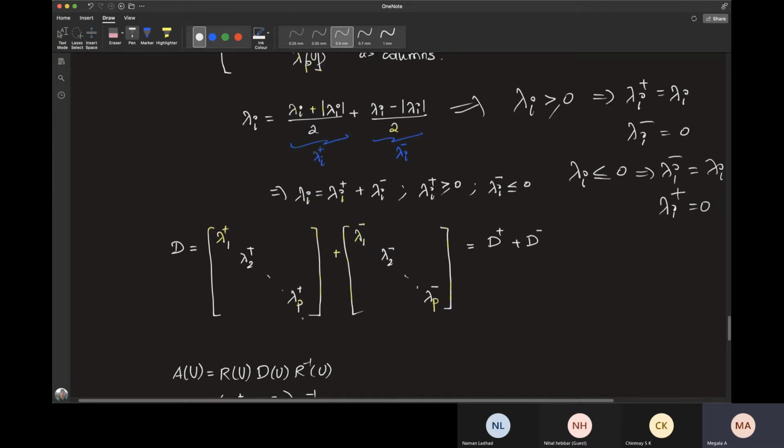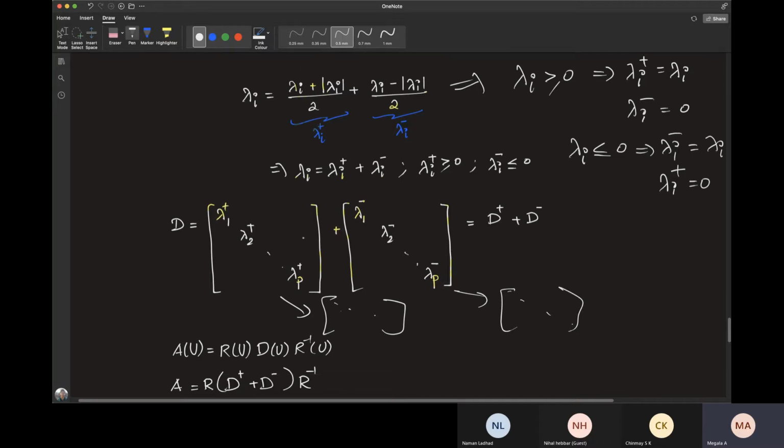So the diagonal elements of the D plus matrix will either be positive or 0, and for the D minus matrix those diagonal elements will either be negative or 0. These lambda 1 minus to lambda p minus will either be negative or 0. That way this matrix consists of only non-negative elements and this matrix consists of only non-positive elements.